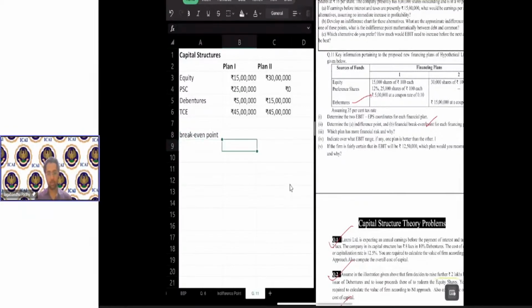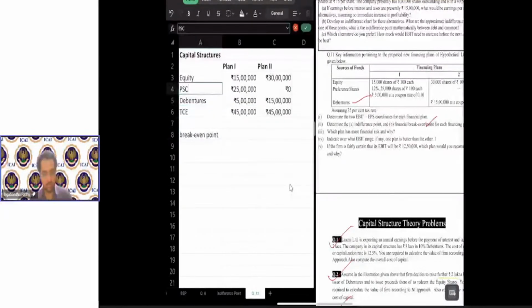Okay, so break-even point. By the way, this preference share capital is at the rate of 12%, and debentures are at the rate of 10% and 11%.